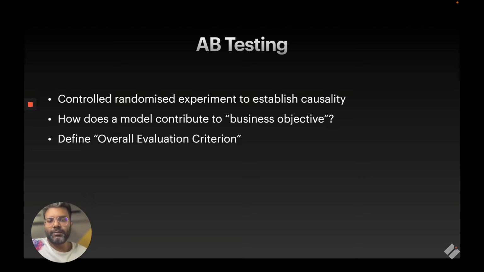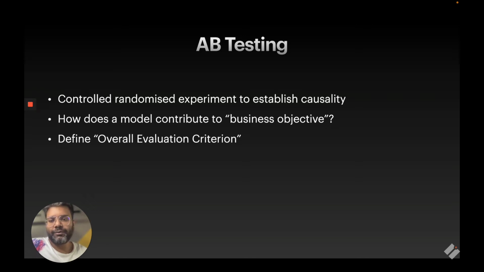Now, causality is important because even if you talk about machine learning models or anything in product in general, you have a business objective in mind that, hey, our users should be able to, let's say, check out faster. There should be fewer dropouts during the checkout process, or something similar, right? So that's the business objective. That's what you take as your North Star, and this is what you want to drive the user behavior towards, right?